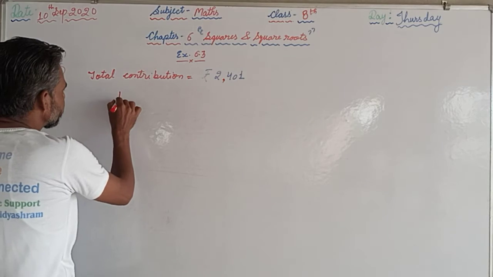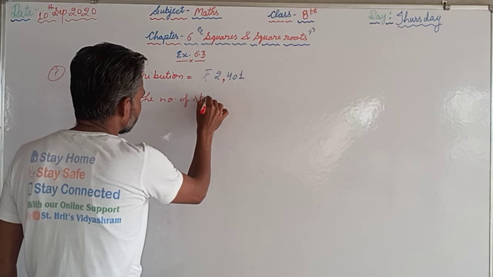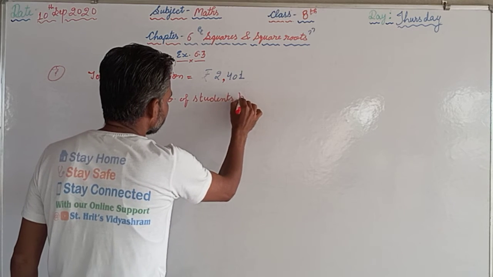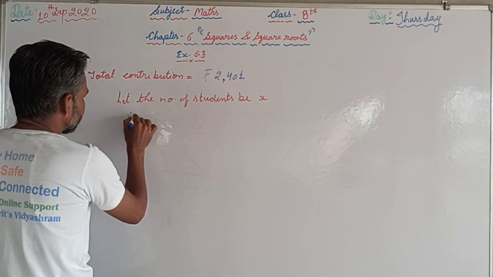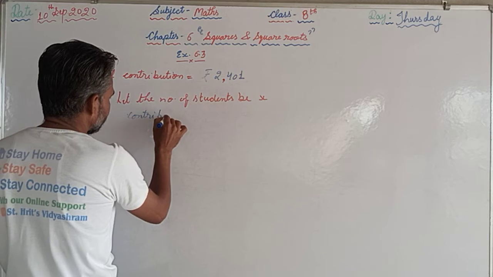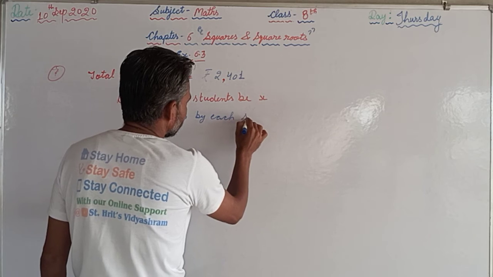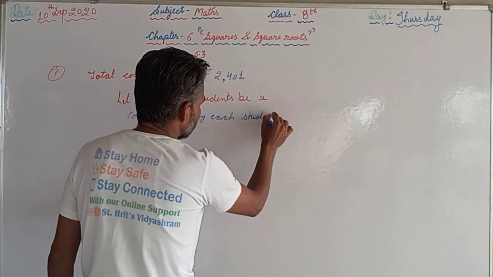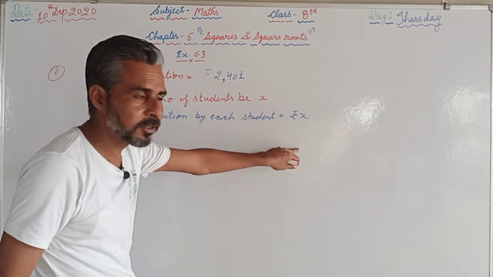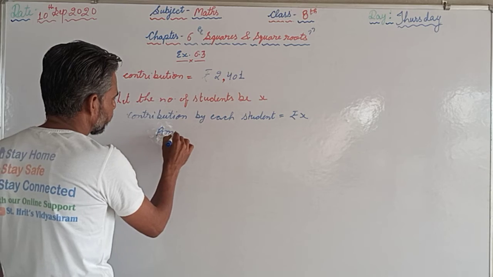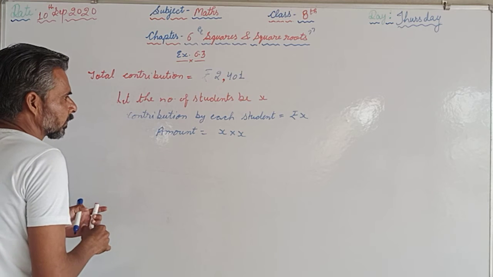So let the number of students be X. The contribution by each student will be rupees X, because there are X students and each contributes X. Now the total amount will be X into X.